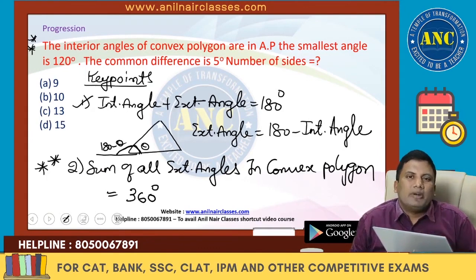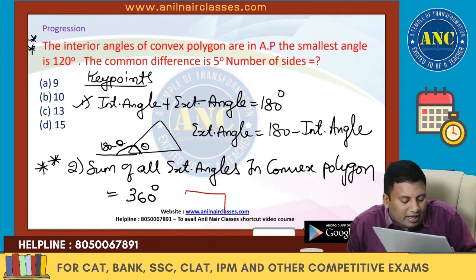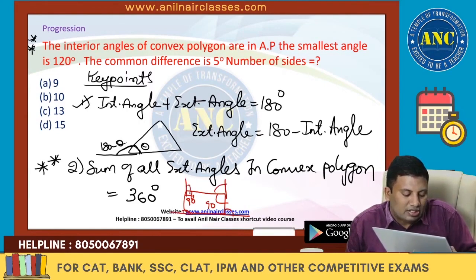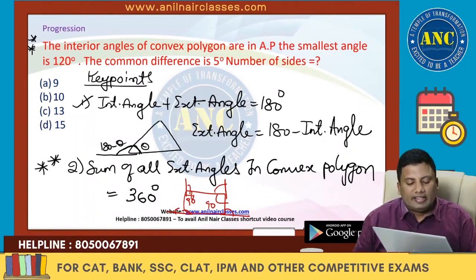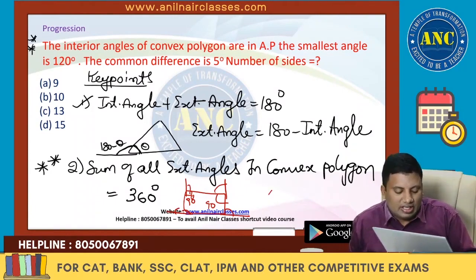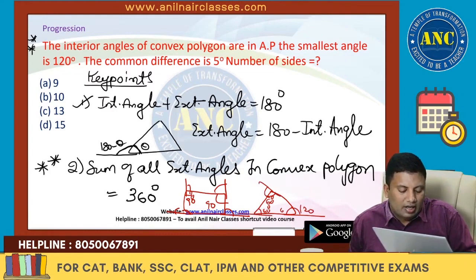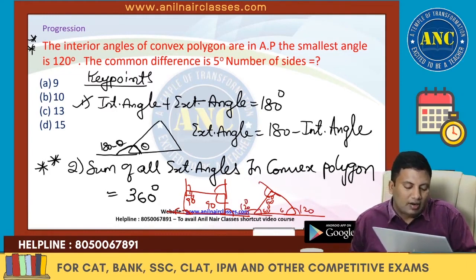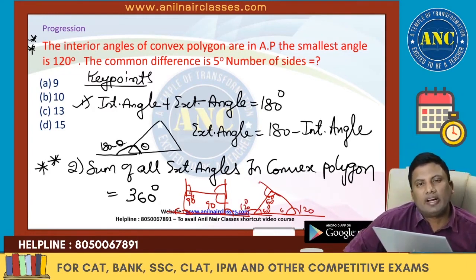In any way, in the geometry polygon class, I will prove it, but right now I will prove it by diagrams. If I take a square, 90, 90, 90, exterior 90, 90, 90, 90, again it is 360. If I take an equilateral triangle, 60, 60, 60, exterior 120, 120, 120.